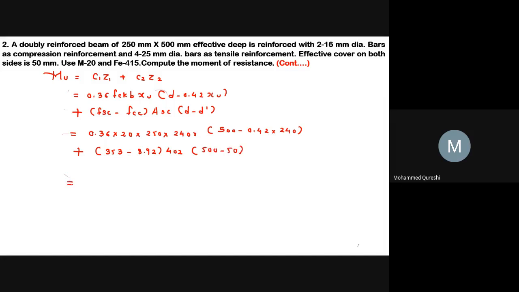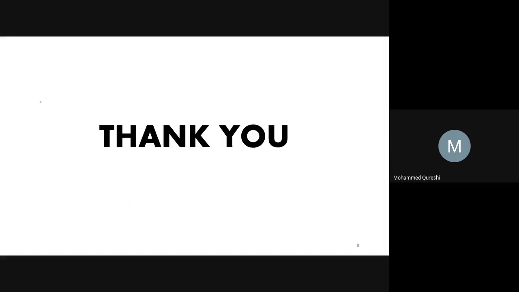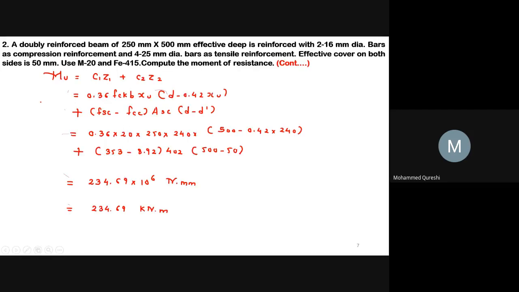After solving this equation, we will get the value of moment of resistance as 234.69 into 10 raised to 6 Newton mm, which equals 234.69 kilonewton meter. So in this way, we get the moment of resistance Mu as 234.69 kilonewton meter.